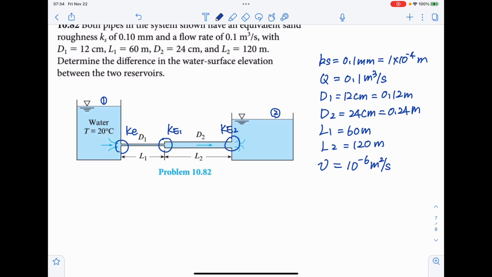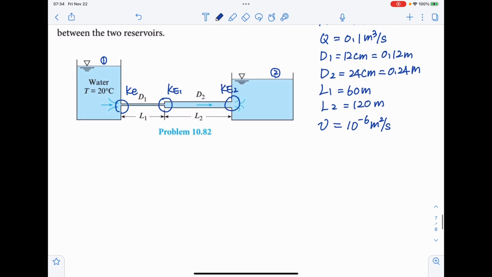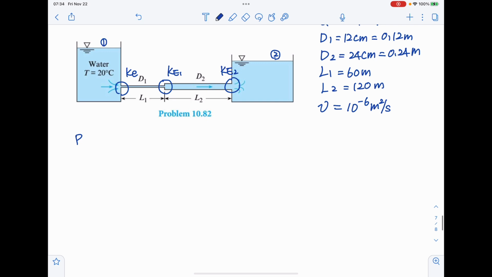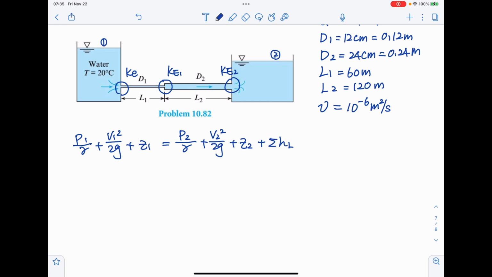So we're gonna write down the energy equation. P1 over gamma plus V1 squared over 2g plus Z1 equals P2 over gamma plus V2 squared over 2g plus Z2 plus all the friction and entrance and exit losses.